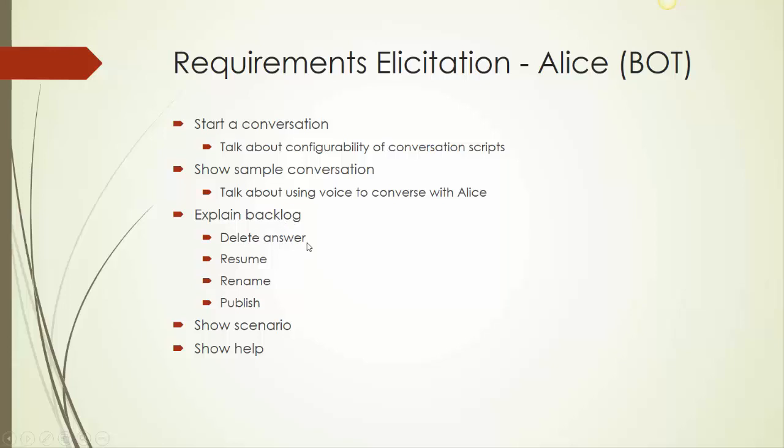We'll see how to delete an answer, how to resume the conversation from a point within the conversation tree, how we can change our answers so we can rename it, and we can also publish these as work items to TFS and VSTS. We'll look at scenarios and help as well.